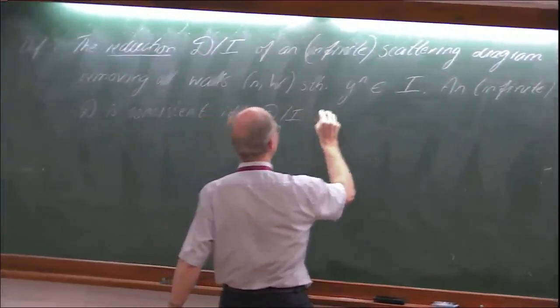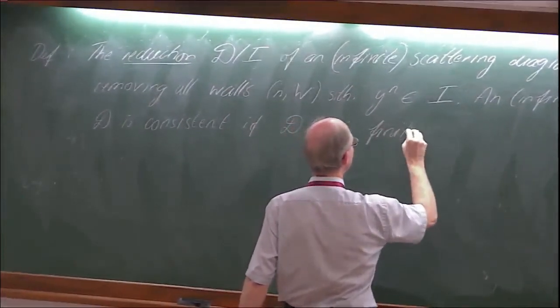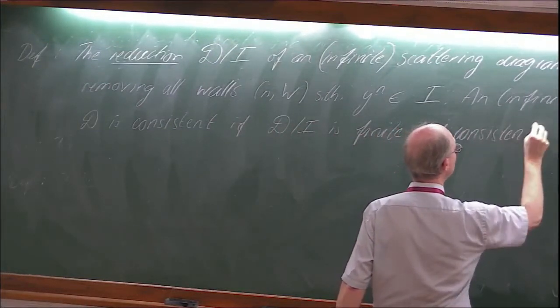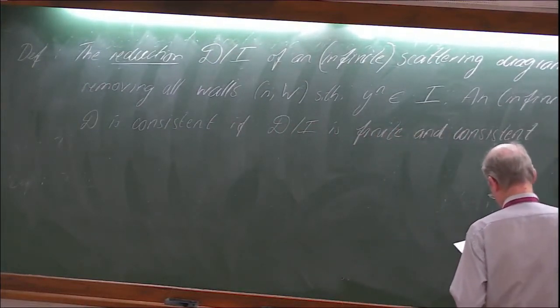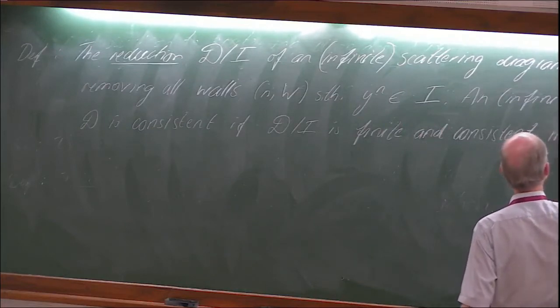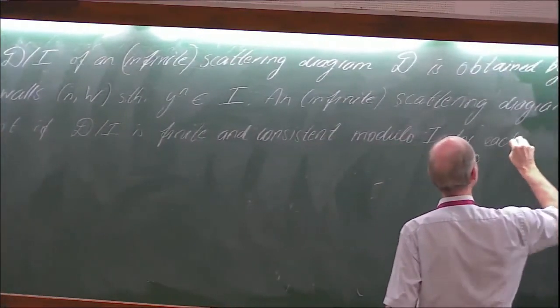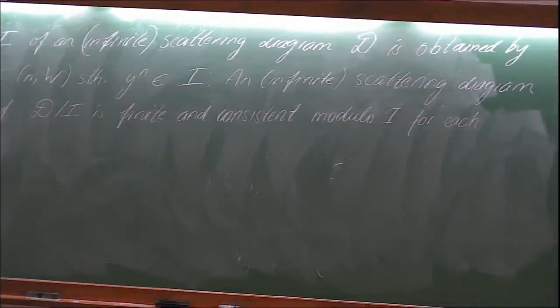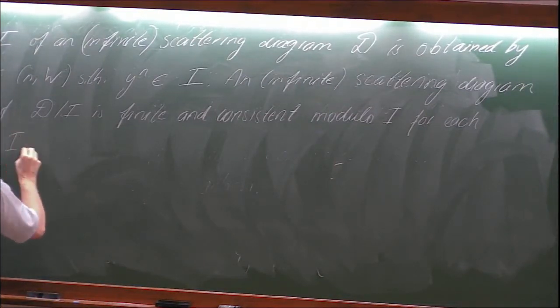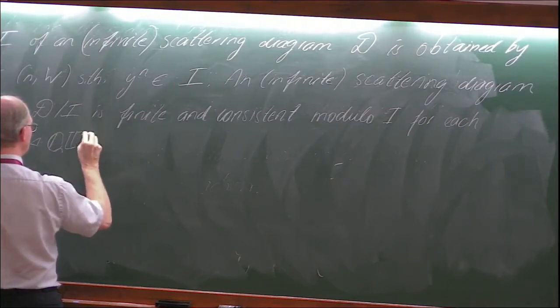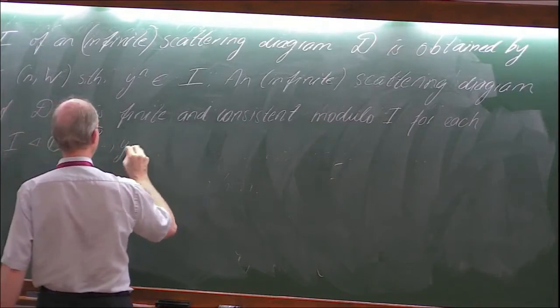So if D modulo I is finite and consistent modulo I for each monomial ideal, so an ideal generated by monomials, I, of finite codimension.